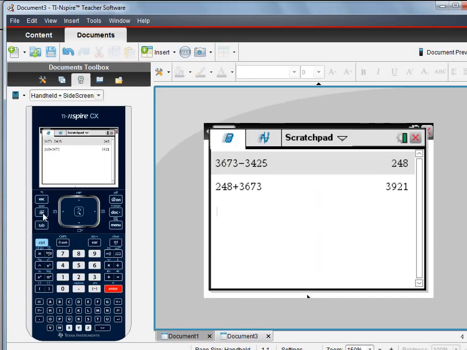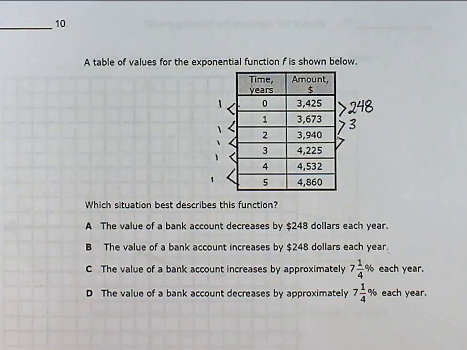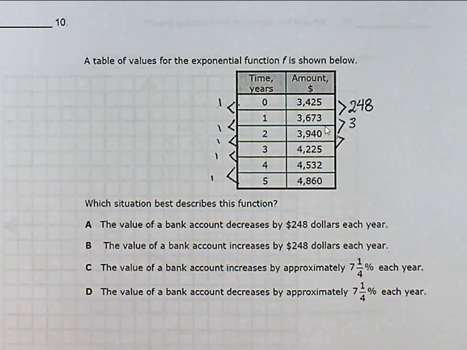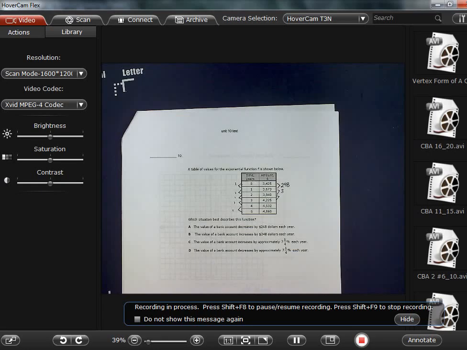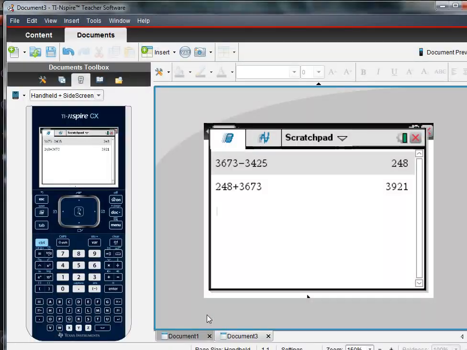And I should get 3,921. Do I get 3,921? No. So I know it's not linear. So it has to be exponential.